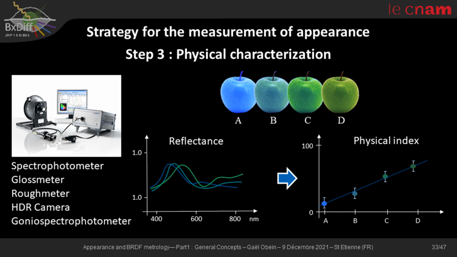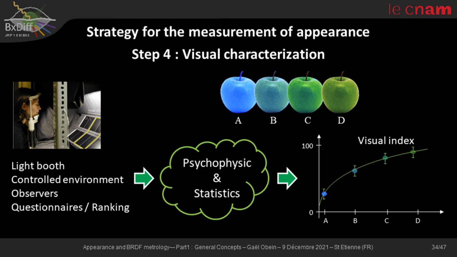And in parallel with this, we will do visual characterization of the collection of samples. We will put those samples in front of an observer, and we will try to collect from this observer their sensation. Because, again, keep in mind that the appearance is in the head of the observer. So how do we do this? We do what we call psychophysical experiments.